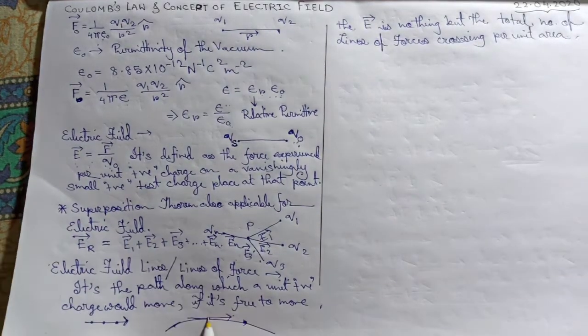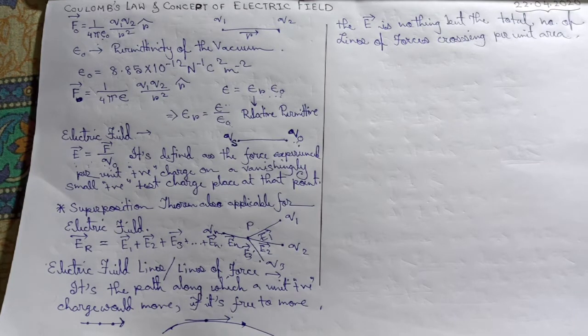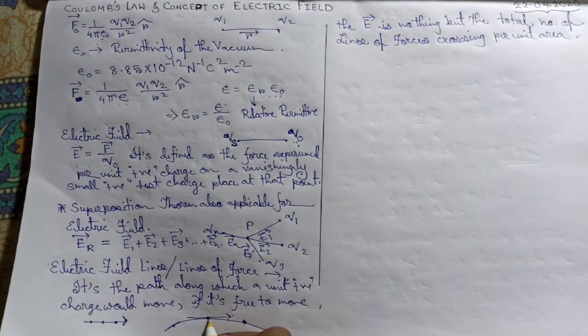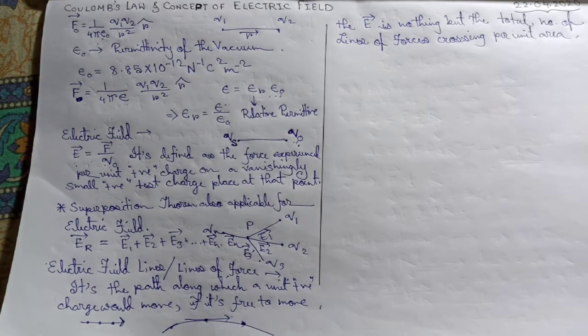So if at this point you have to find the electric field intensity, that will be the total number of electric field lines on that portion per unit area.